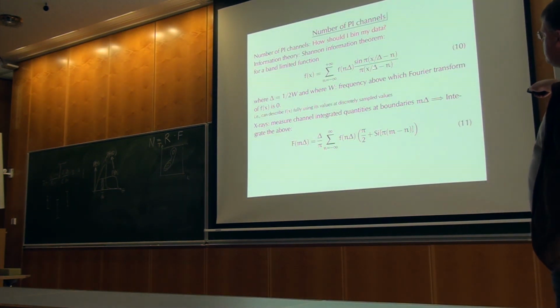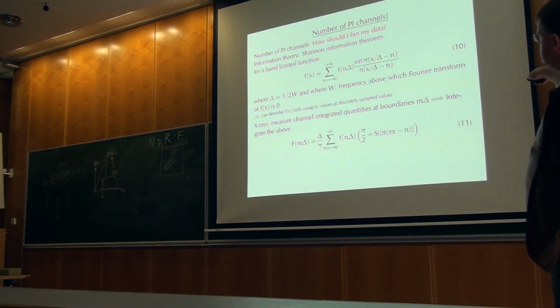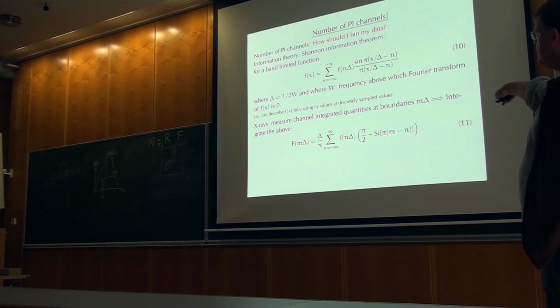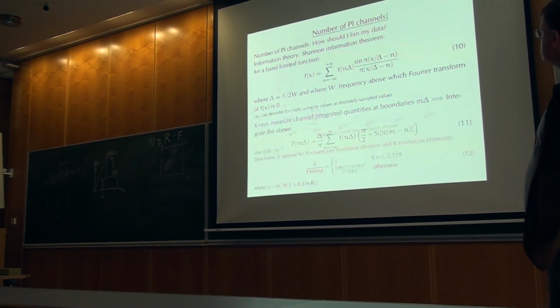Since we're having to deal with bin-integrated quantities, you really need to take this and integrate it, which causes a very ugly function here. And then you need to invert this to get the energy resolution.